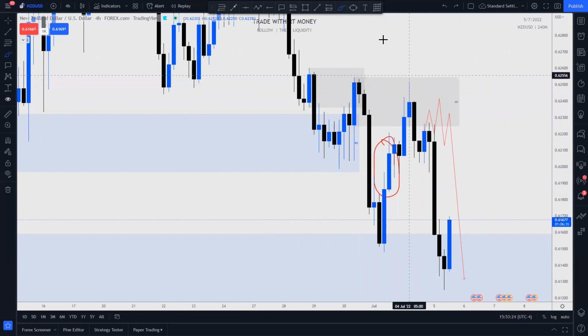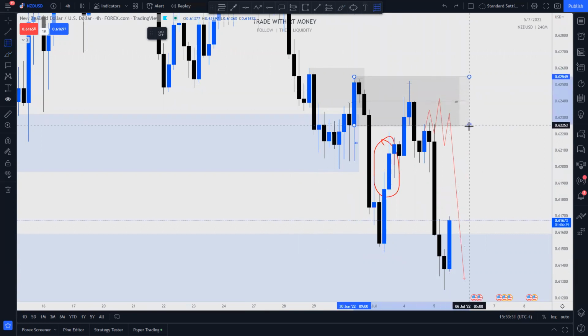But you have to realize that when you're looking at zones of demand and supply, you always look at the 50% threshold. We can get a wick above this, but that doesn't mean this zone is broken, and that doesn't mean we won't get a wick back.